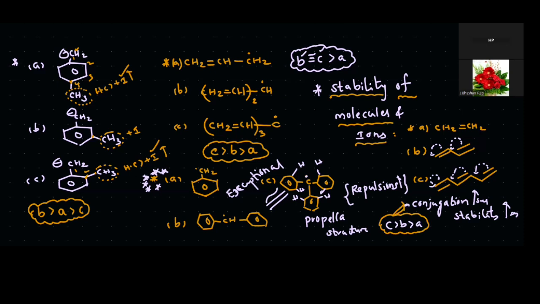The next example, a simple one: RO minus, alkoxide ion, and phenoxide ion. Which one is more stable in these two? Always phenoxide is more stable, due to resonance.